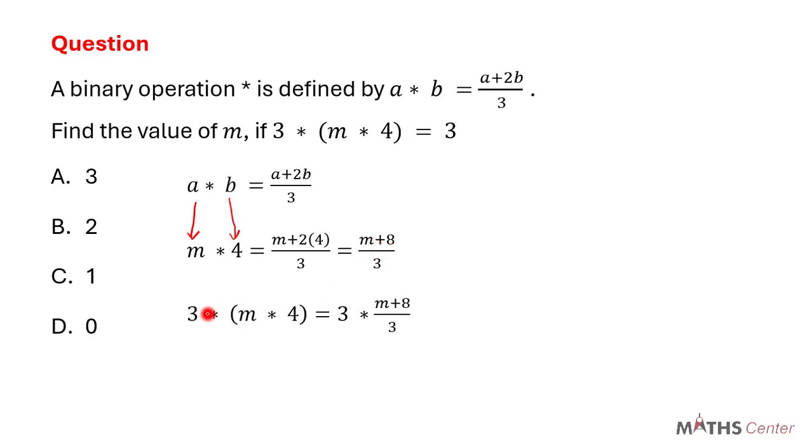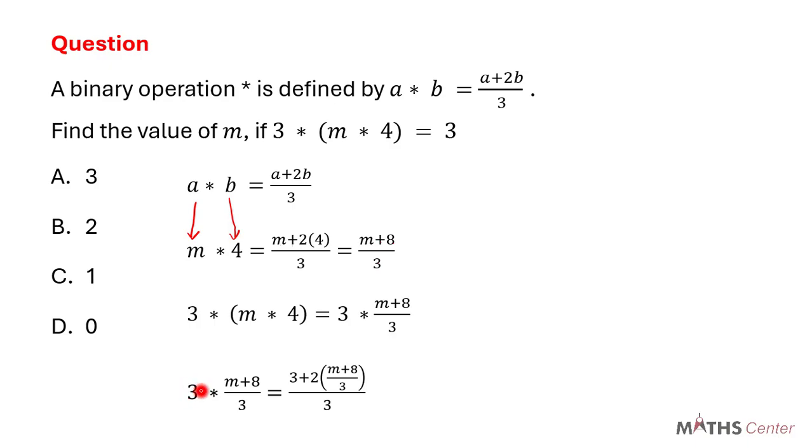And so 3 star M star 4 is now 3 star (M plus 8) divided by 3. We can now compute this.